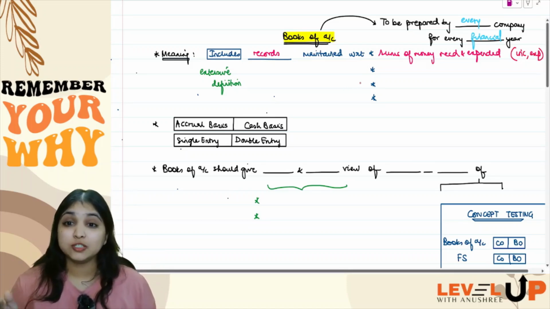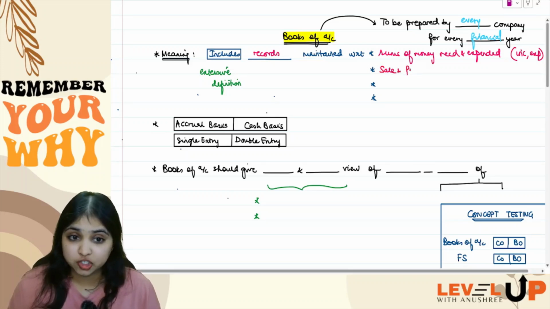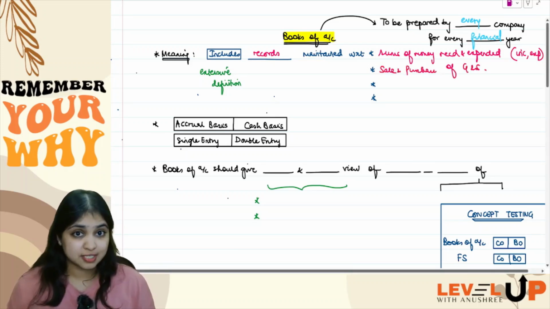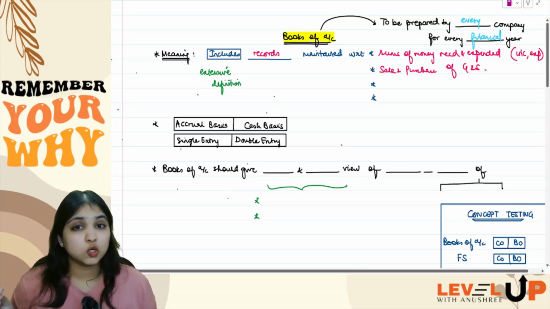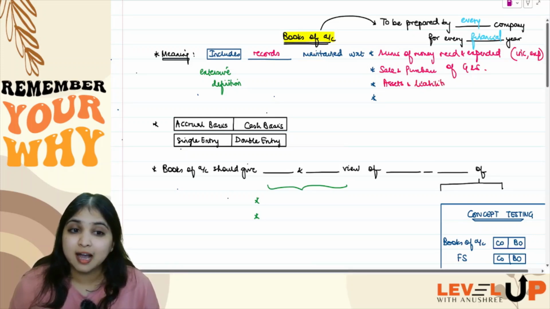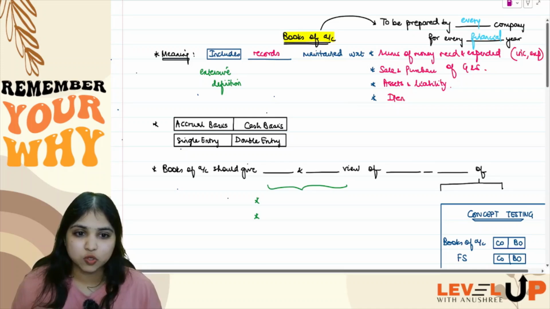Number 2, it includes records maintained with respect to sale and purchase of goods and services by the company. Number 3, it includes records maintained with respect to assets and liabilities of the company. And lastly, it will include records maintained with respect to items of cost.